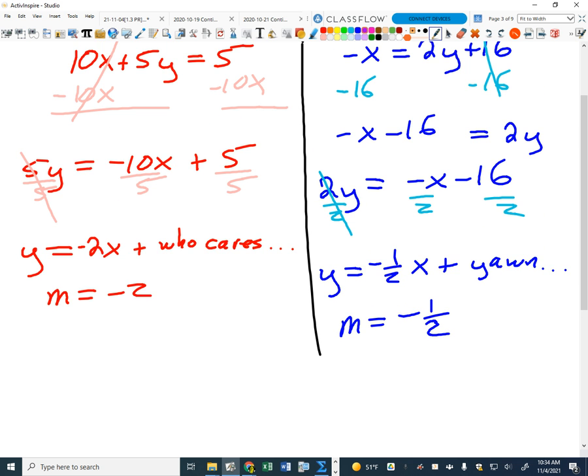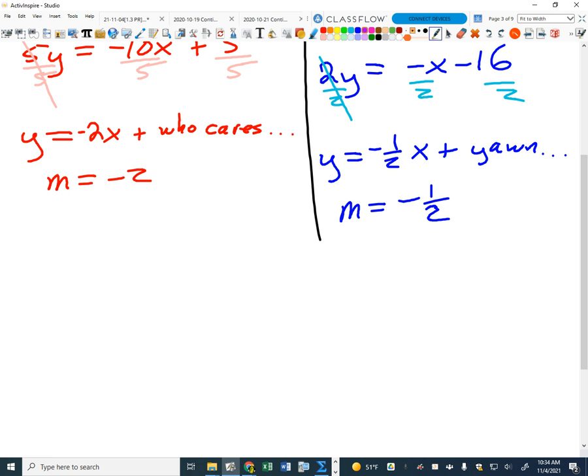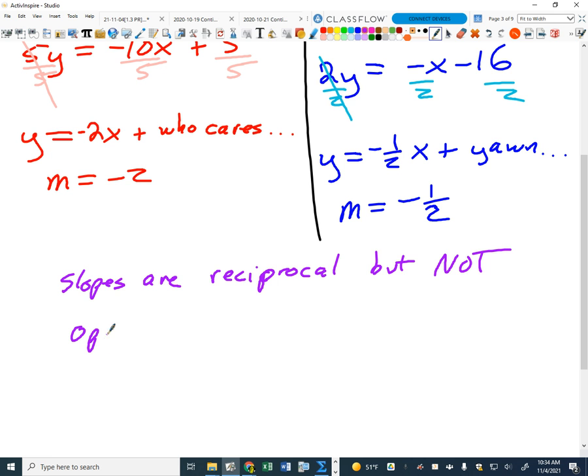So let's make a little note of that. Slopes are reciprocal, but not opposite.